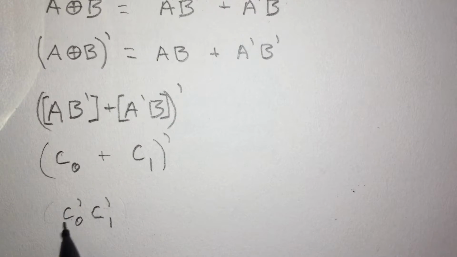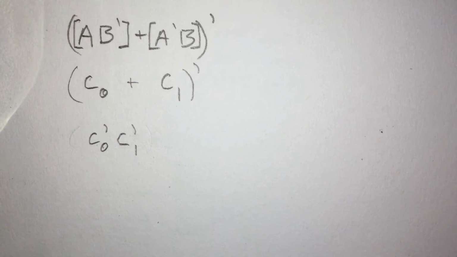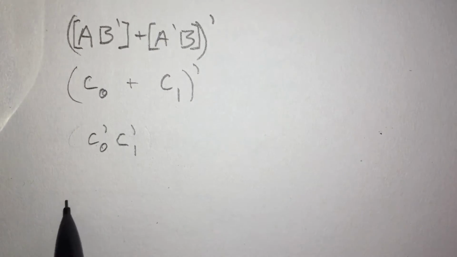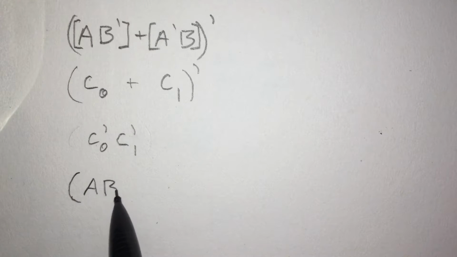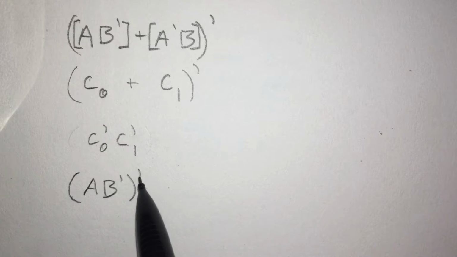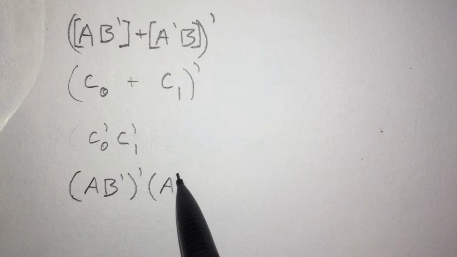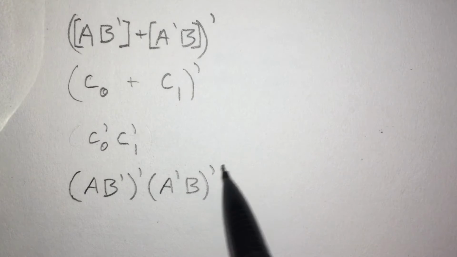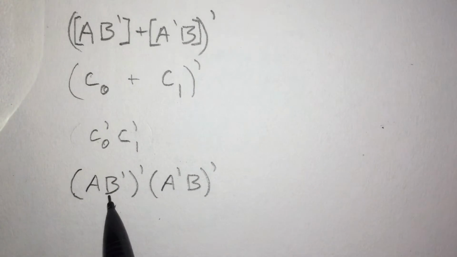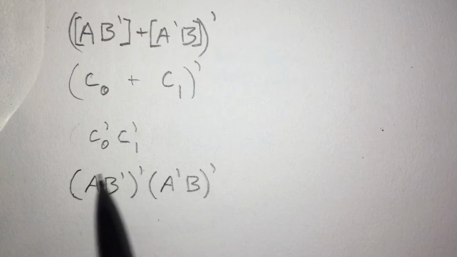So when we go to plug these back in, we see we have A B not, A not B not. So now we can distribute these negations throughout this term.